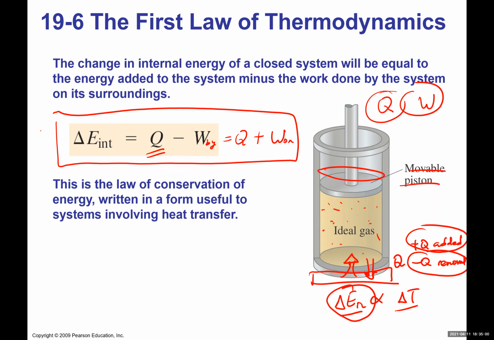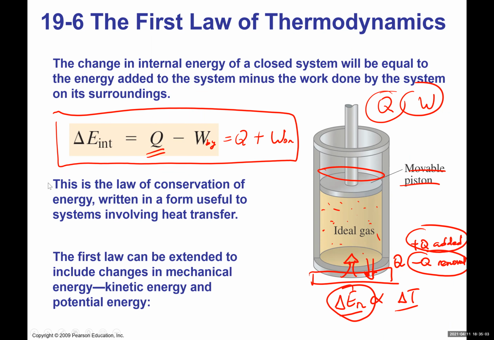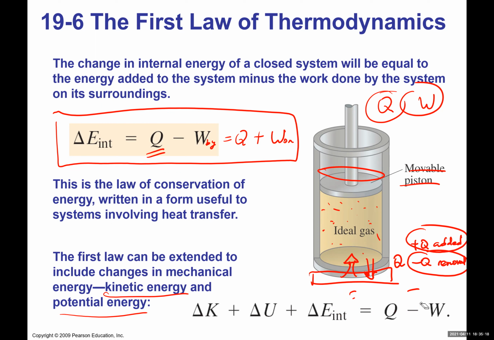Okay. So now, if we include all of the other types of energies, like kinetic energy and potential energy, then this equation can be written in terms of the change in kinetic energy plus the change in potential energy plus the change in internal energy, which is then the energy of your system, and this equals Q minus W. Okay, so generally that's what we have.